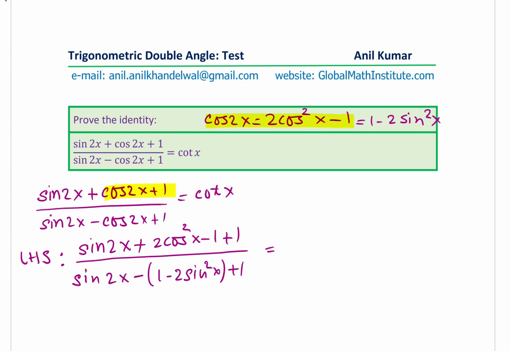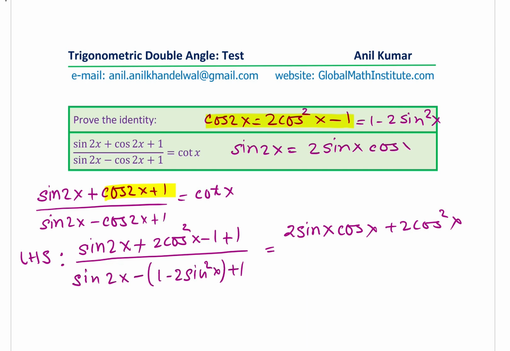Now, sine 2x can be written as 2 sine x cos x, and we have plus 2 cos square x. Correct? So we know sine 2x is basically 2 sine x cos x. Denominator will be 2 sine x cos x.